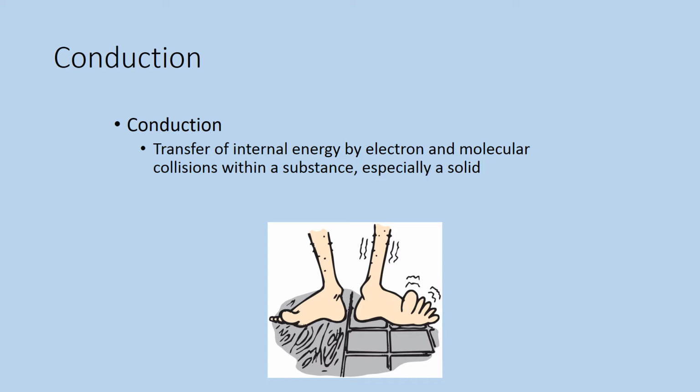And in this case, it is also physical contact. That is to say that the concrete is in direct contact with the feet, and the energy is transferred by the collisions or the excitation or the velocity of the electrons in the concrete, which cause increased velocity of the electrons in the feet, therefore causing the experience of heat to occur.